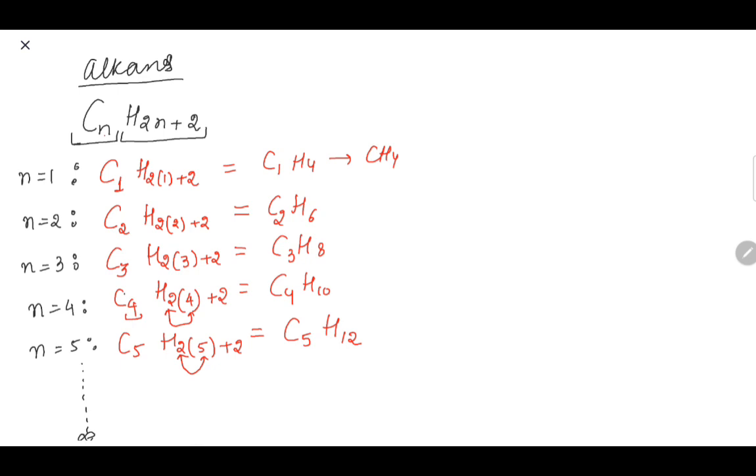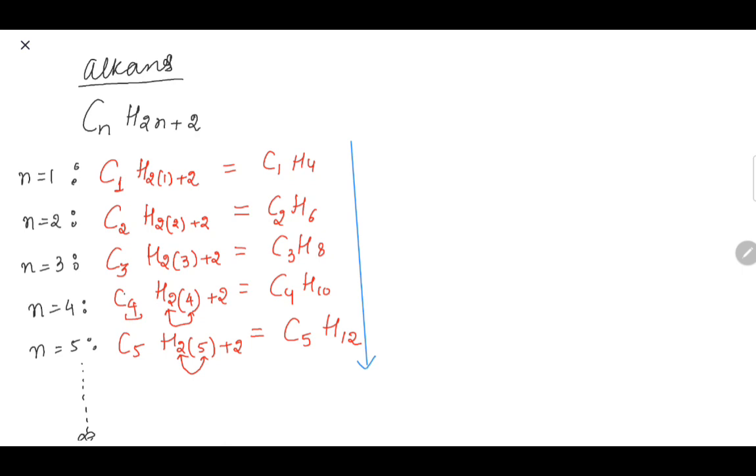I hope you're understanding. These are all alkanes. Why are these alkanes? Down the group series, these are all alkanes because they are all following the general formula of alkanes.